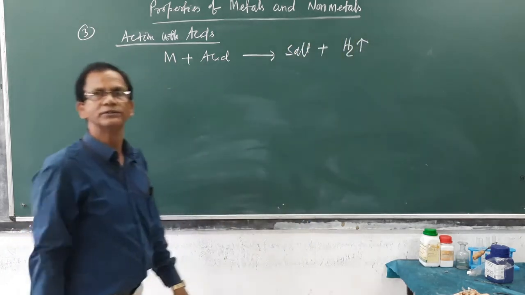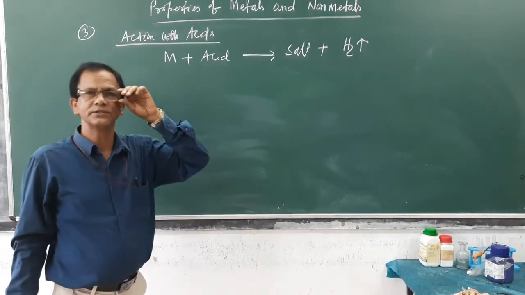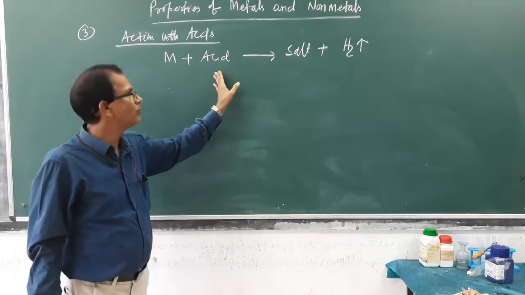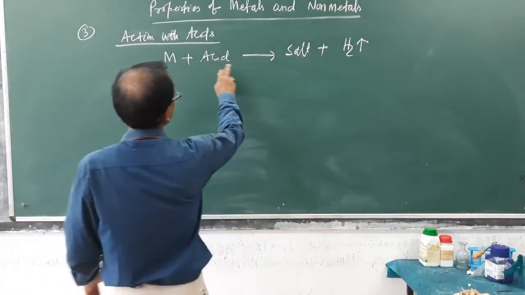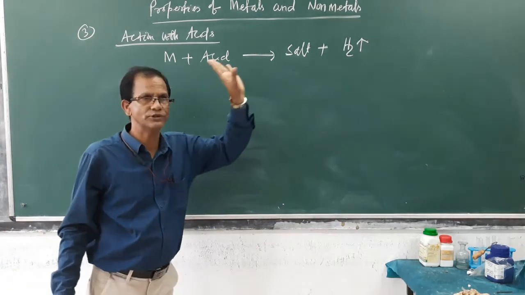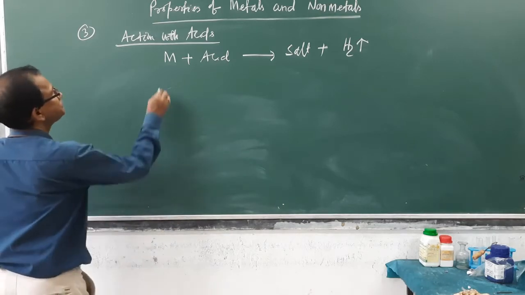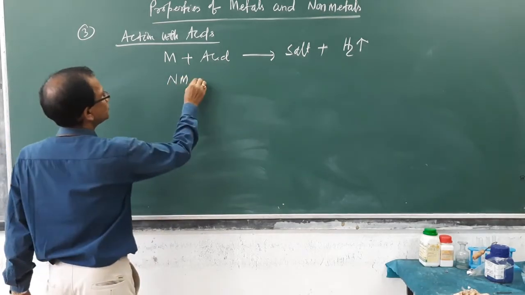This is very important. All metals, that means reactive metals, react with acids to produce salt and hydrogen gas. So this is a very important property of metals. Metal reacts with acid, producing salt and hydrogen. But generally, non-metals plus acid.